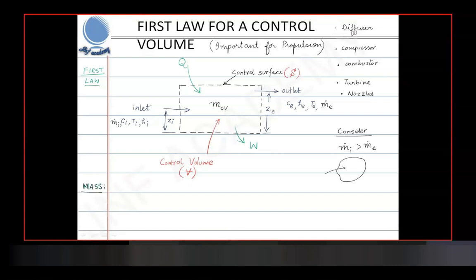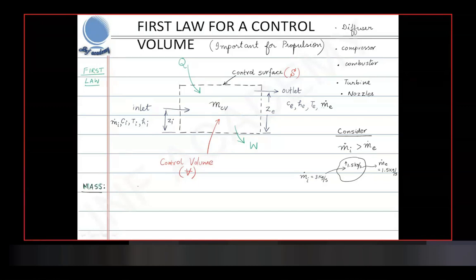It means, for example, if m dot I is equal to 3 kilogram per second and m dot E is equal to, let's just say, 1.5 kilogram per second. That means every second 3 kilograms is entering the control volume, but only 1.5 kilograms is leaving the control surface. So you see that there is a stagnation. 1.5 kilogram every second is going to increase for the control volume.